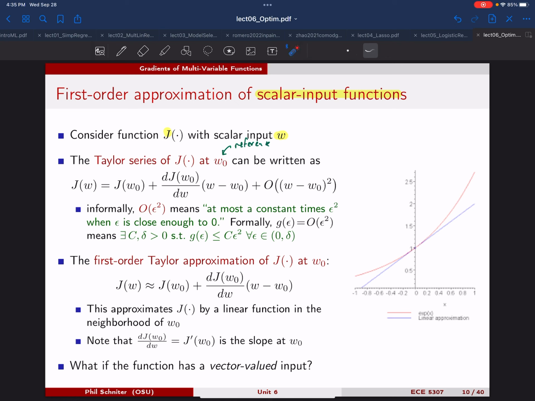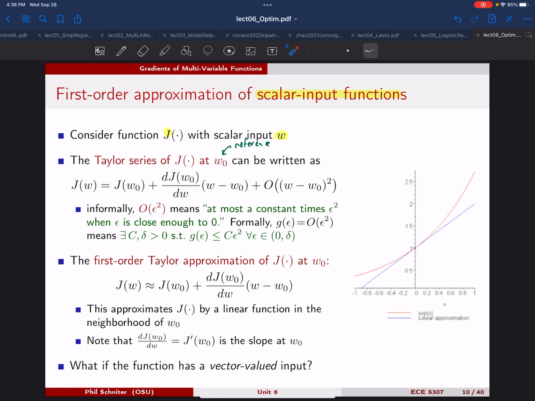So for this example, this would be our reference point, w0, and I'm asking how do I write what happens for general w relative to what happens at 0? Well, the general function is just the height of the function at w0, plus the slope of the function at the reference point, times the linear deviation of w from the reference point, plus another term that captures all the higher order terms in the Taylor series.